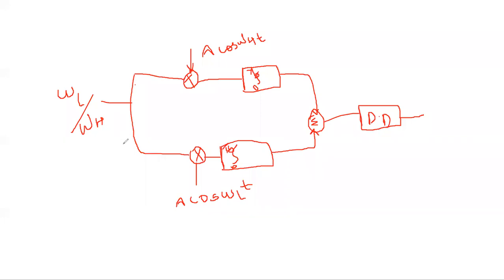Now, if a logic 1 was transmitted, then the input we get is at omega h, so we get a signal A cos omega h t, that is the BFSK output transmitted for logic level 1.